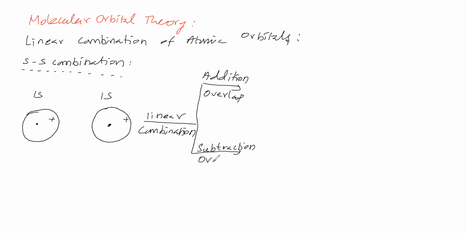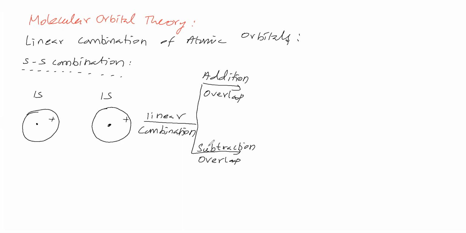These two atomic orbitals are the 1s orbitals from two atoms, and these two atoms combine to give a molecule. So for the two 1s atomic orbitals from two atoms, addition overlap is possible and subtraction overlap is possible.